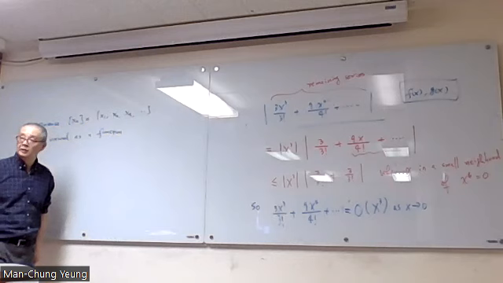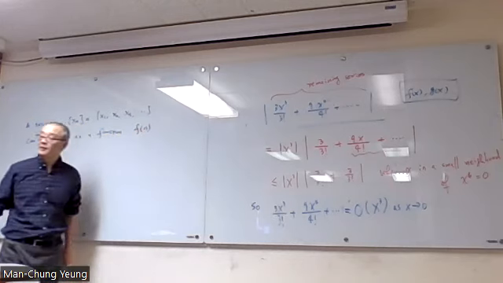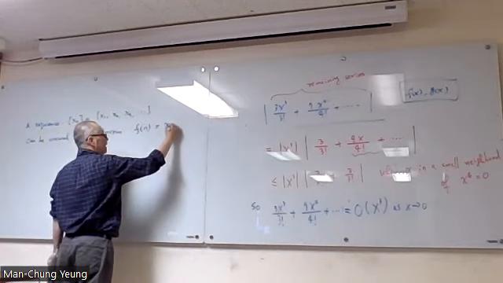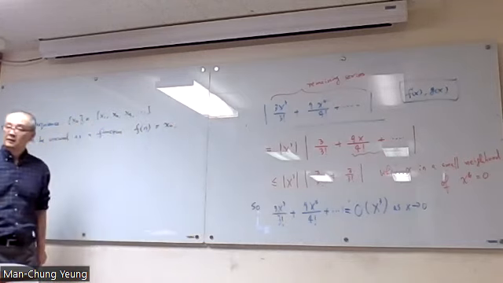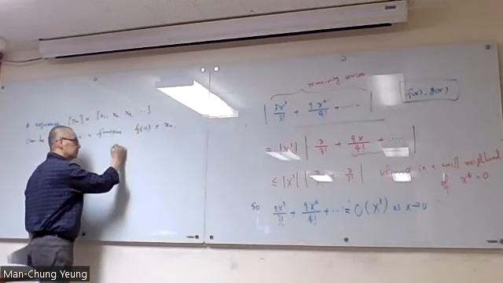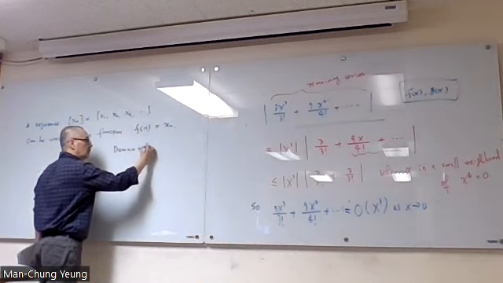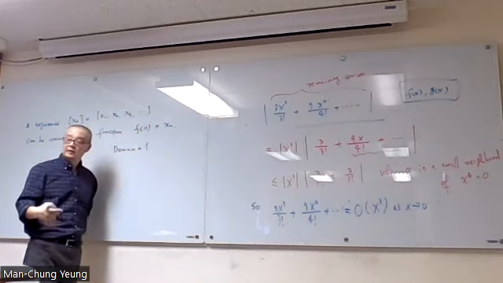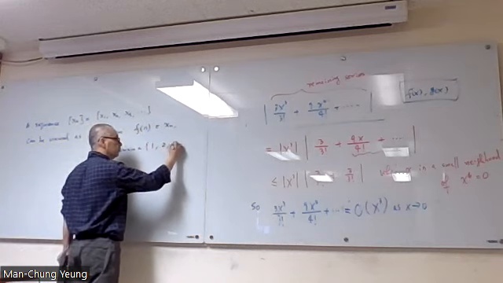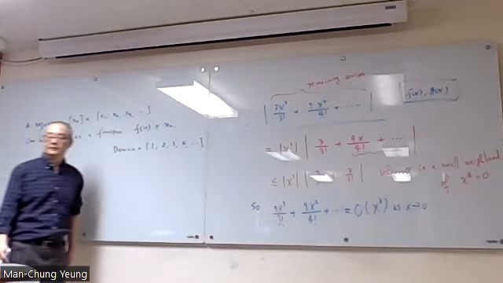Which function? f of n, where the independent variable is n, equals h n. The domain is the values 1, 2, 3, 4, and so on.